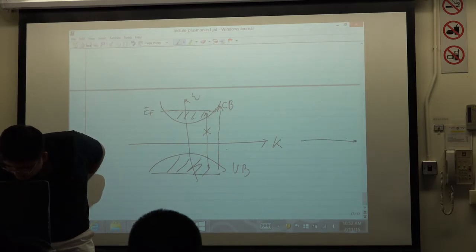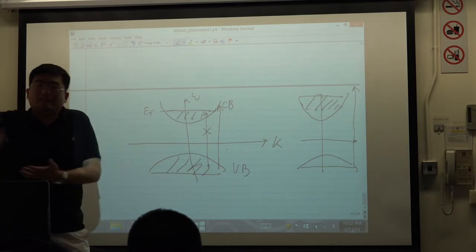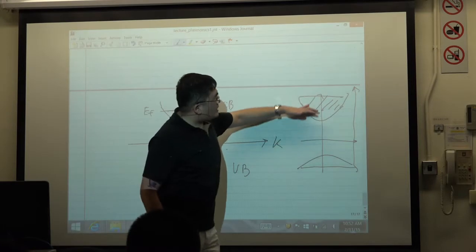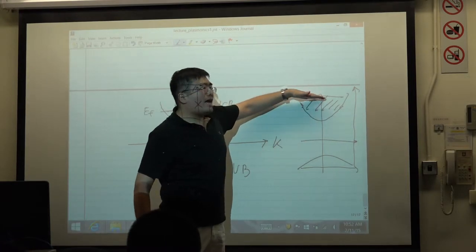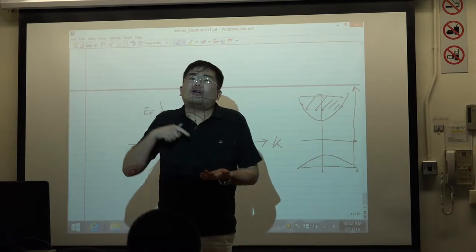I increase the Fermi level here. You must reach a very high energy before the interband transition is allowed. That means when you increase the Fermi level, you can have a short wavelength plasmonic effect.